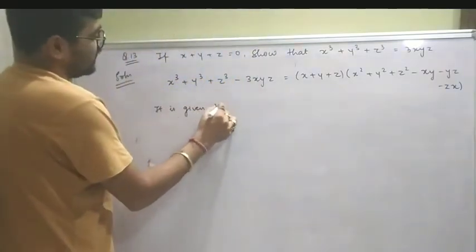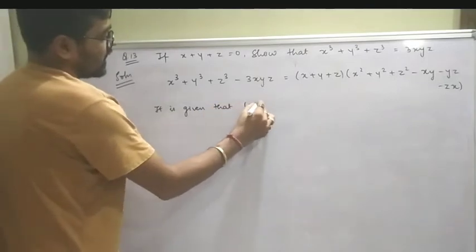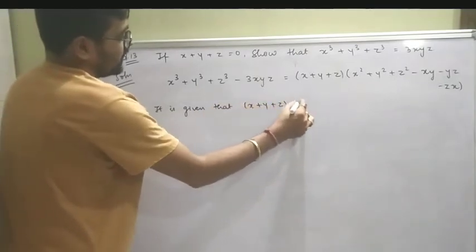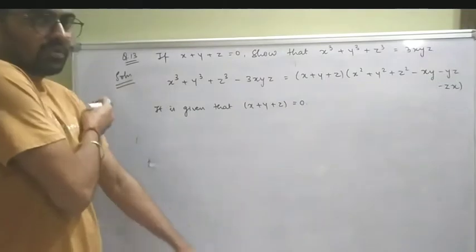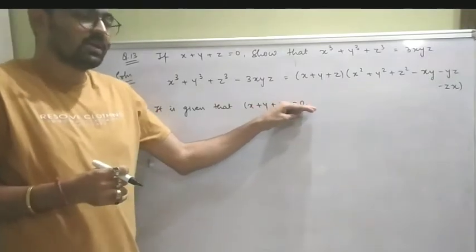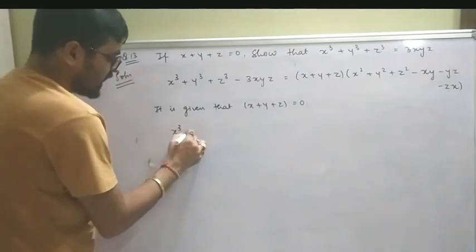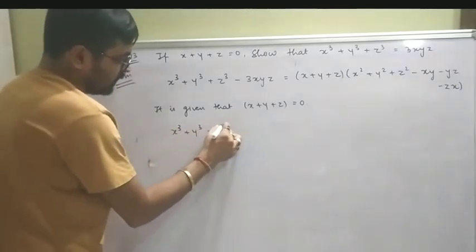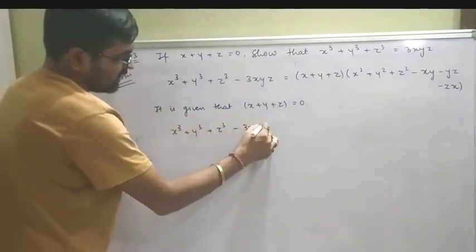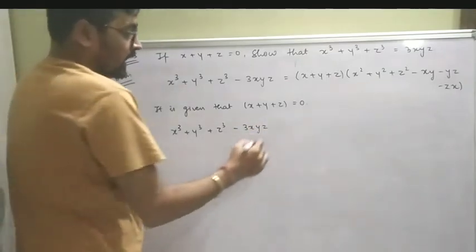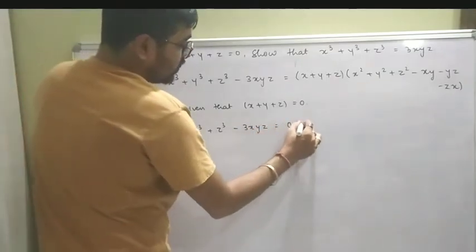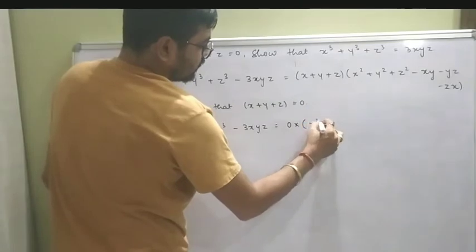It is given that x plus y plus z equals 0. We have x plus y plus z 0. Substitute in this identity. So it will become x cube plus y cube plus z cube minus 3xyz. That will be equal to 0 into this whole thing.